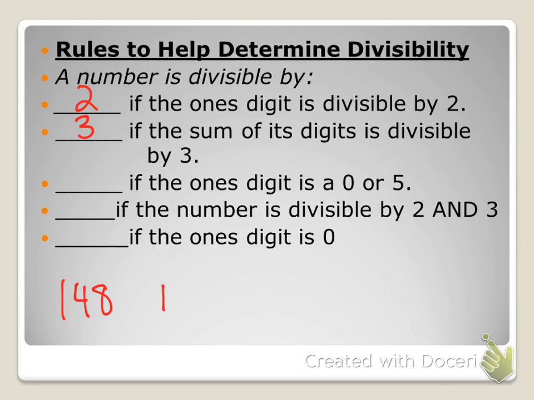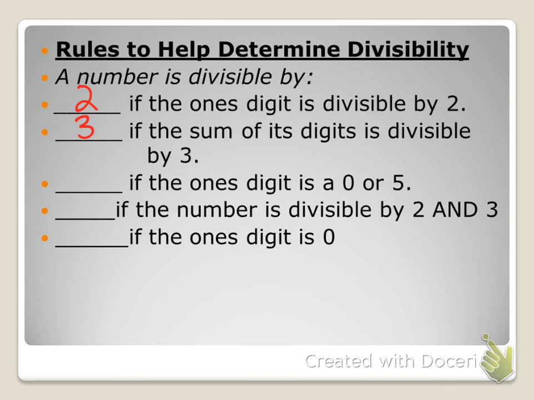So to find the sum of the digits, we take 1 plus 4 plus 8, and that would give us 13. We all okay with how to find the sum of a number's digits? If you're not, it's going to make these rules a little harder.